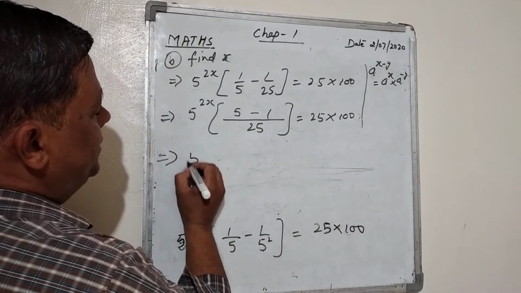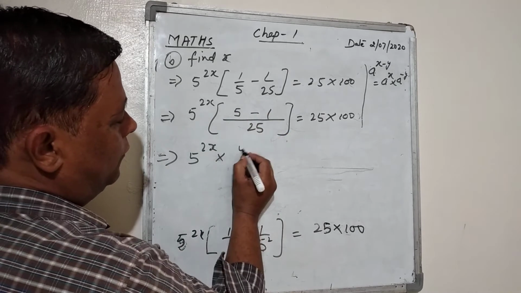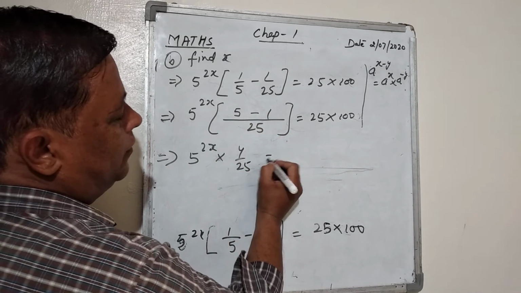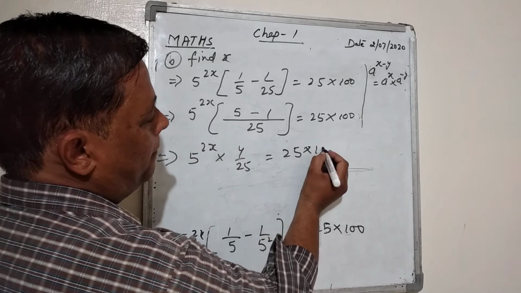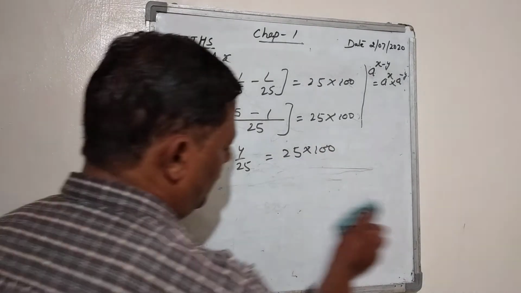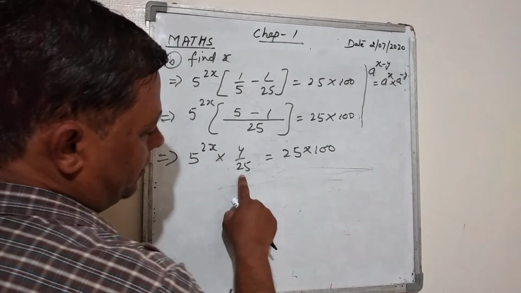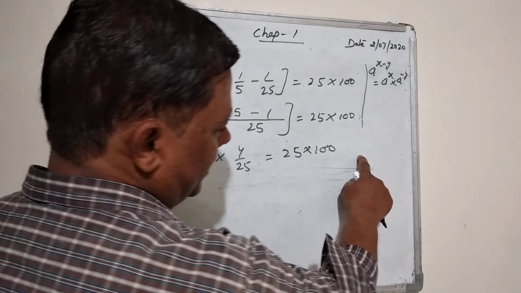So the next step is 5 raised to the power 2x into 5 minus 1, 4, 4 upon 25 equals 25 into 100. Now it is in multiplication form. So what we will do, we multiply 25 into 100 by 25 and we divide this multiplication by 4.